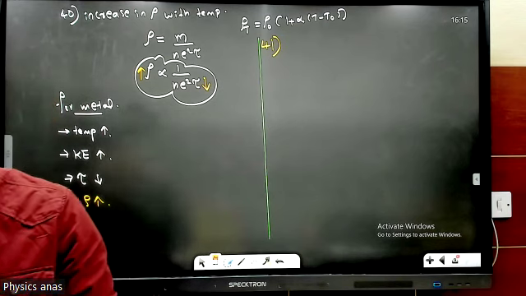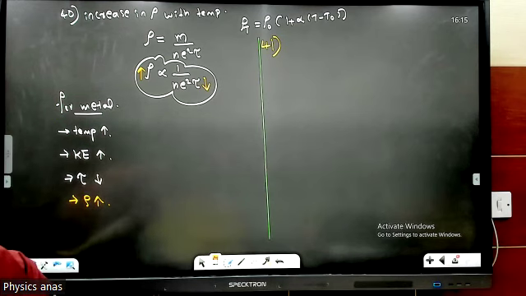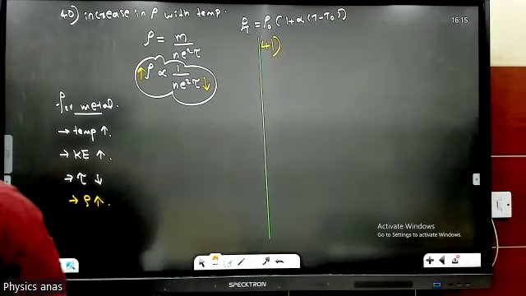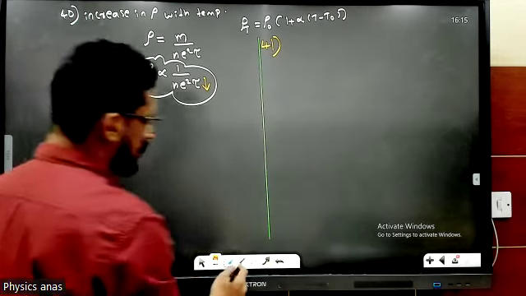Question number 41. The graph between resistance R and temperature T for Hg is shown in the figure. Explain the behavior of Hg near 4K. I will draw a graph.